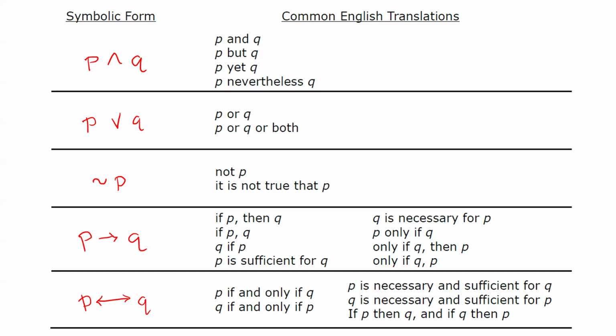This is read as P if and only if Q; Q if and only if P; P is necessary and sufficient for Q; Q is necessary and sufficient for P; if P then Q, and if Q then P.